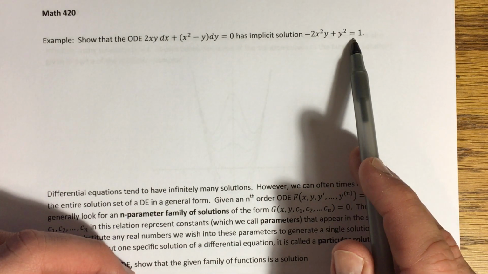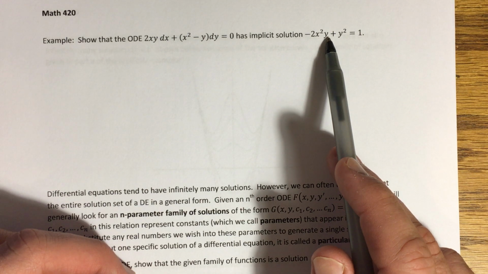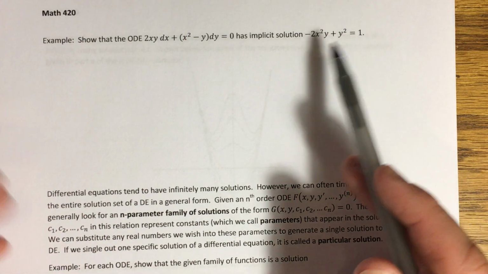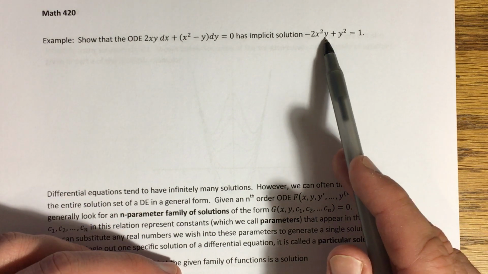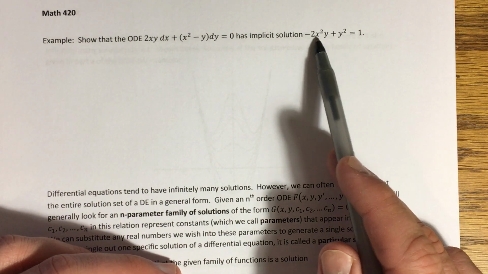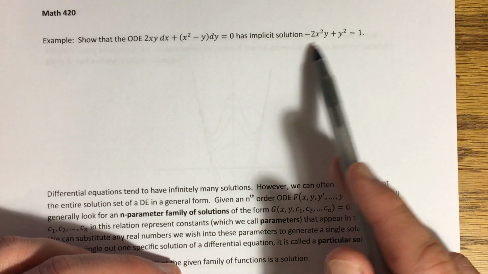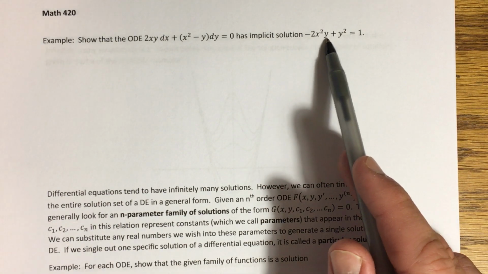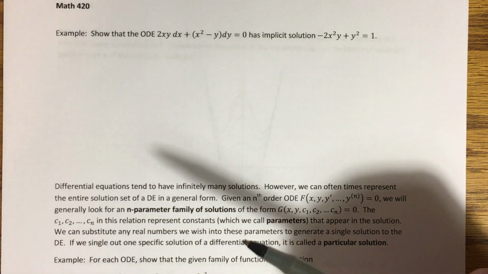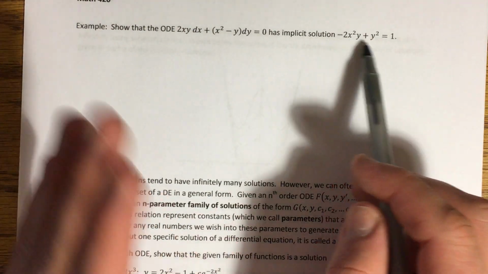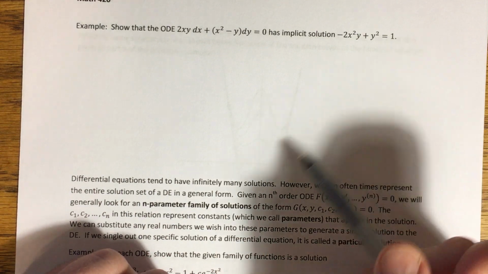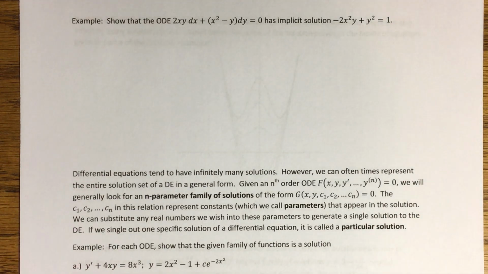This is an implicit solution because the y, which is the function here, is not isolated. It's left mixed up with the rest of this equation. Now you could try and isolate it, but you're going to find that that's very, very difficult in this case. So we're not going to bother. If this is a solution, we're satisfied leaving it in this form instead of isolating and solving for that y.